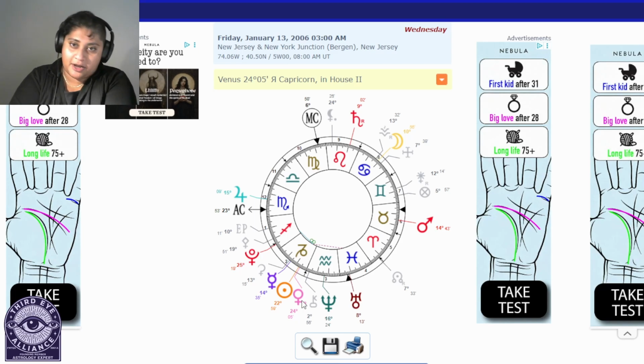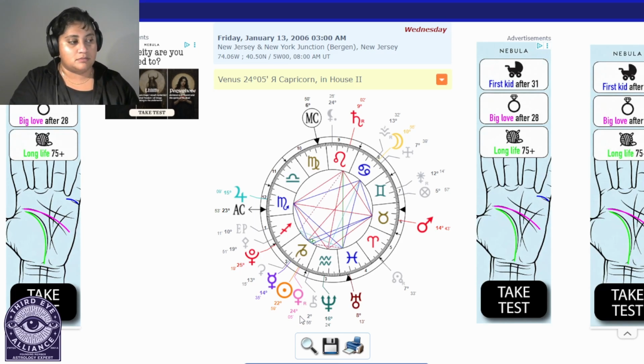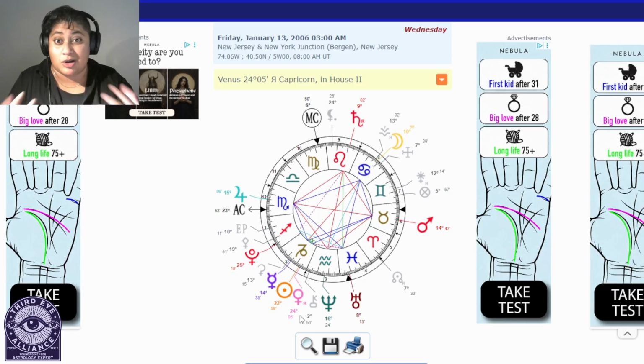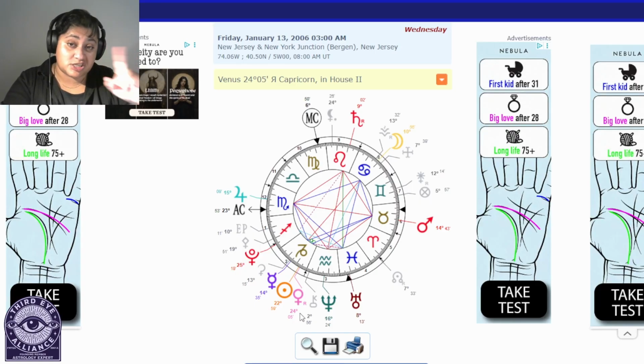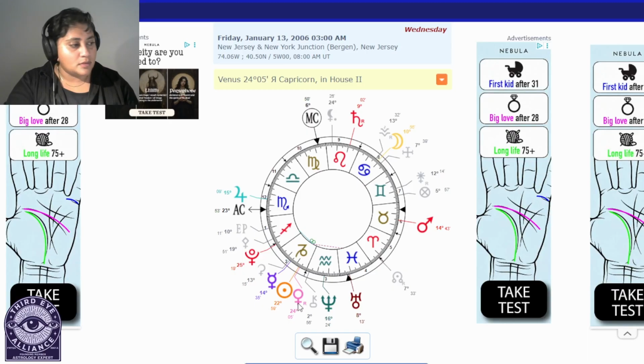Sometimes, depending on where it is, they'll push people away, or they think that they have to work for love, that inherently they're not... you know, they have to earn it, right? There's some issue with self-worth, or some issue with receiving and self-worth, right? The sun is right next to Venus.